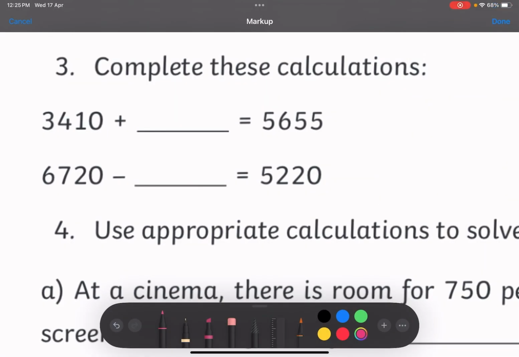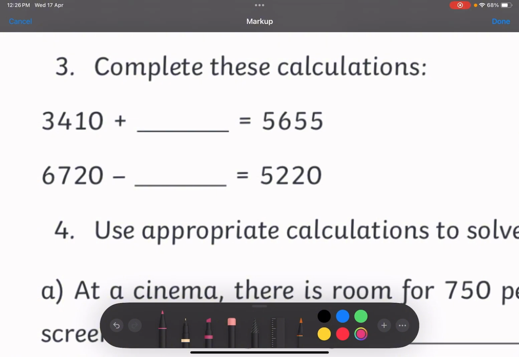Okay guys, next up, we have a missing number you have no clue of. So you've got to find out that number. So we use the inverse. What is inverse? Inverse is when you use the opposite of something.